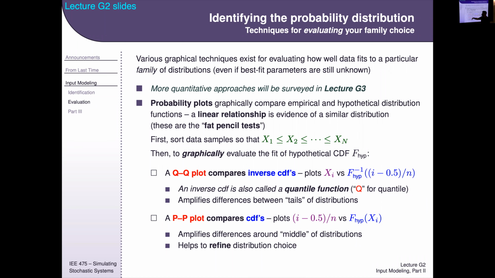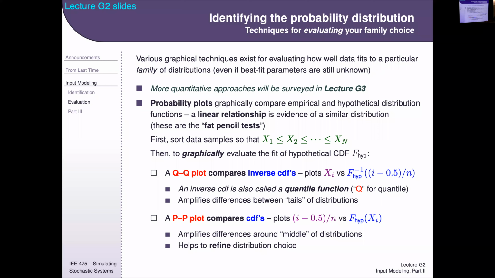I said sample CDF, but technically I meant the sample inverse CDF versus the hypothetical inverse CDF. Whereas the PP plot is probability, you're not comparing quantiles, you're comparing probabilities. So the axes of a QQ plot are going to be the range of your data. The axes of a probability plot are going to be 0 to 1, because you're plotting probability versus probability.